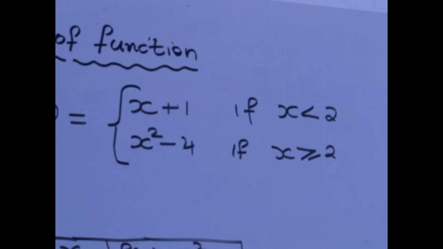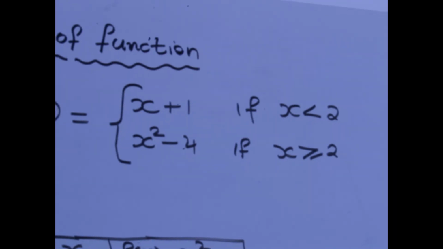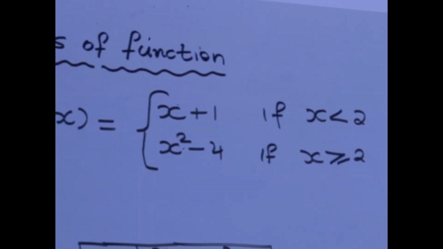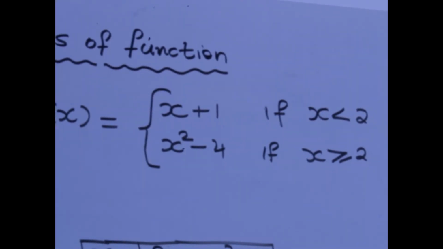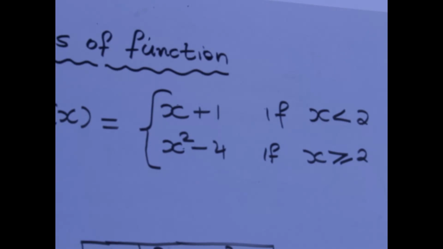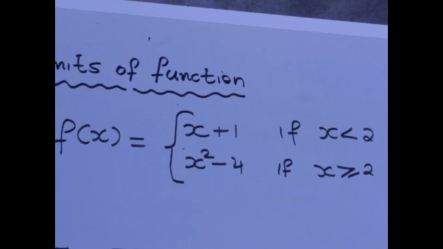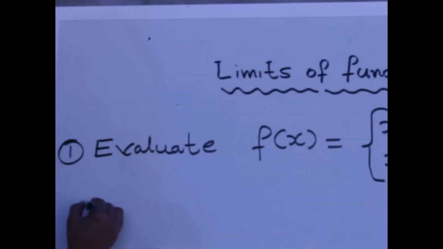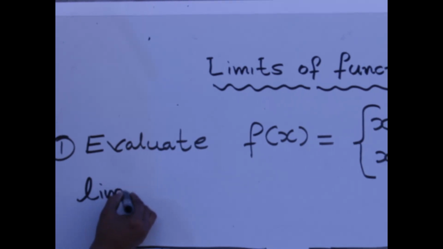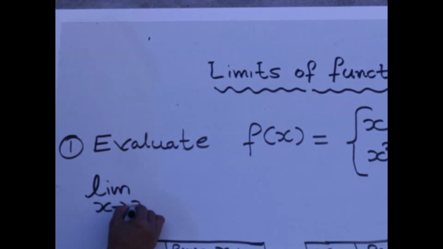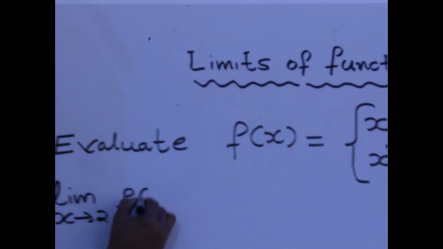It is a composite function having two different domains. x less than 2 indicates the left domain and x square minus 4 indicates the right domain. So we have to evaluate the limit of the function, which we write like this: limit x tends to 2 of f of x.